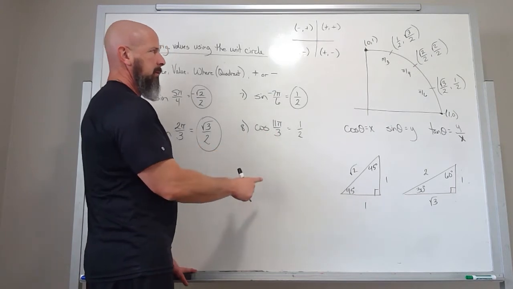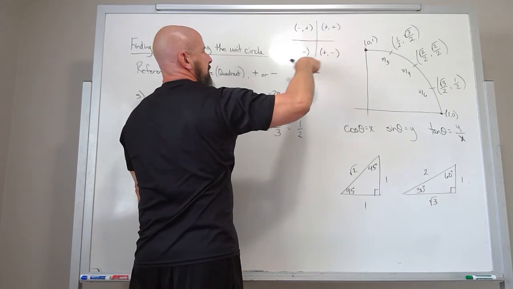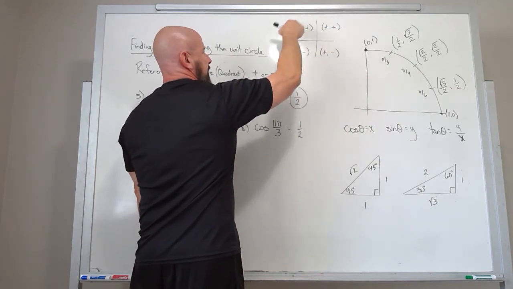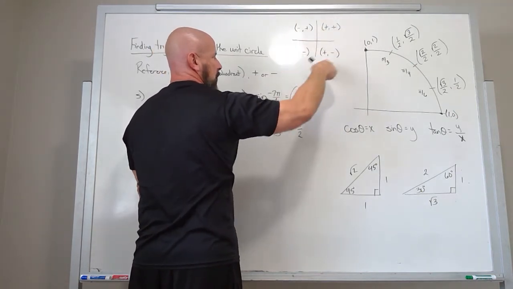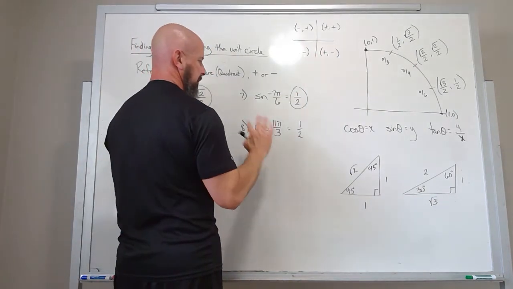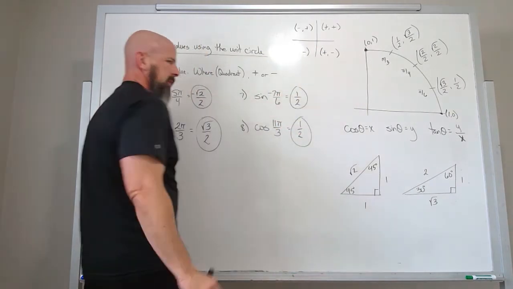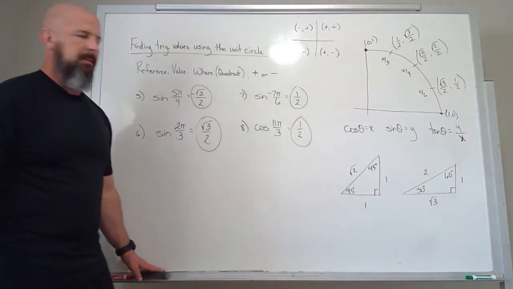Where am I? Well, let's see, 3 thirds, 6 thirds all the way around, 9 thirds, 12 thirds, back up, I'm in quadrant 4. Cosine, x, is positive in quadrant 4. These pieces I'm looking at.